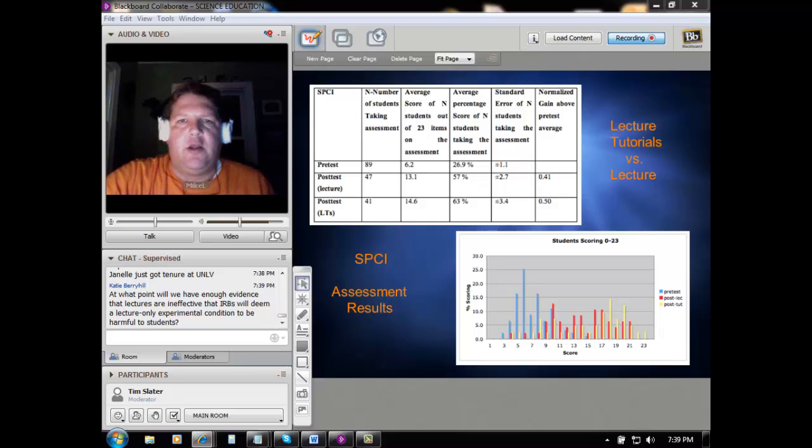And the Hake gain, normalized gain, where you take the gain that you had divided by the gain that you could have had, was a little bit better for the students who did the lecture tutorials. So that was encouraging, and it did give us a reason to go on.